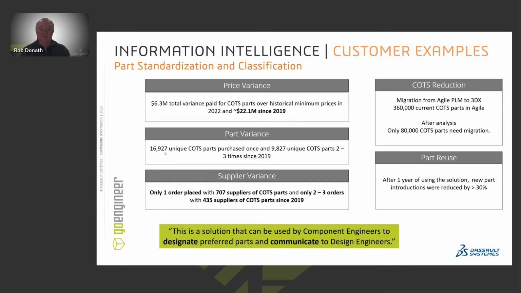They had almost 17,000 common parts that were only purchased one time, but they were still tracking them in the system. And they had almost 10,000 parts that they only bought 2 or 3 times since 2019.